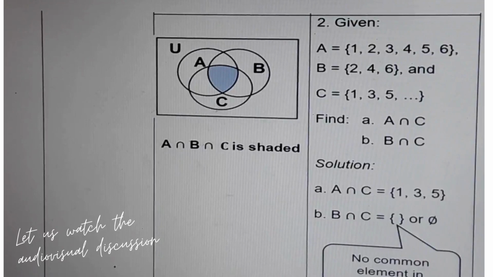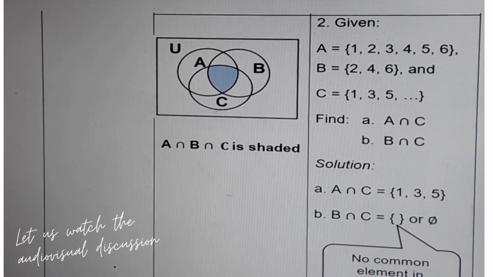We should see to it that if we are comparing these three, particularly on identifying the intersection value, the intersecting area of the three sets should be shaded accordingly.